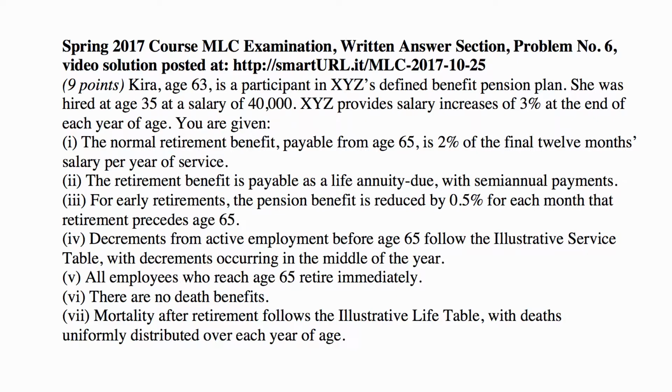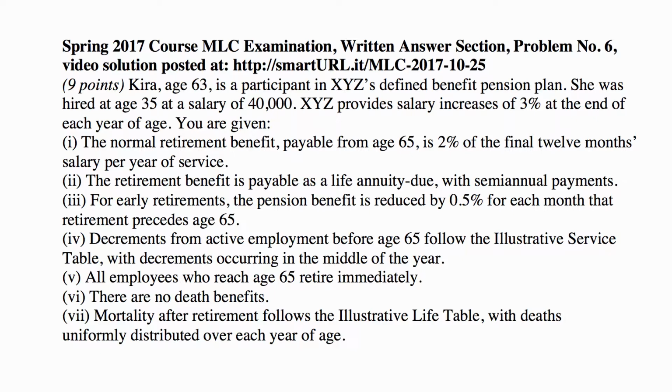Kira, age 63, is a participant in XYZ's defined benefit pension plan. She was hired at age 35 at a salary of $40,000. Well, it doesn't say dollars, but 40,000. XYZ provides salary increases of 3% at the end of each year of age.